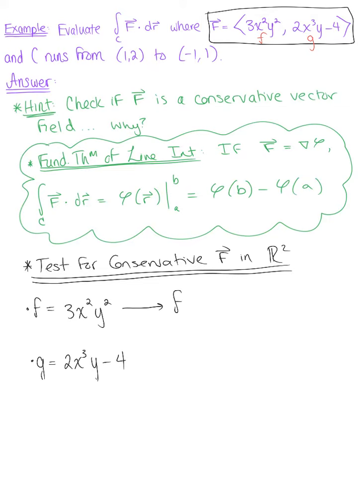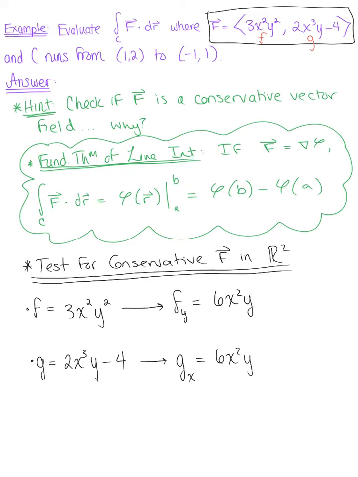And so taking the partial derivative of f with respect to y, we are left with 6x squared y. And then taking the partial derivative of g with respect to x, this too leaves us with 6x squared y.